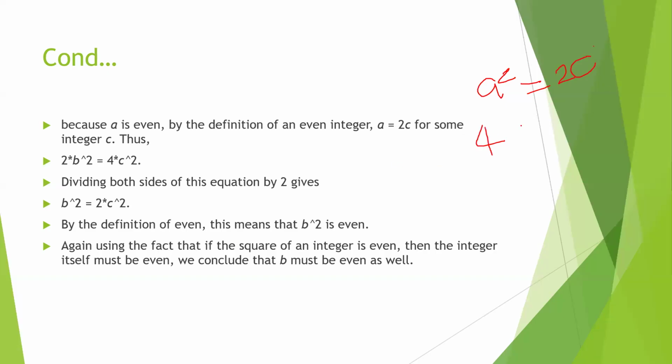We can replace a square by 4c square, which is equal to 2b square.